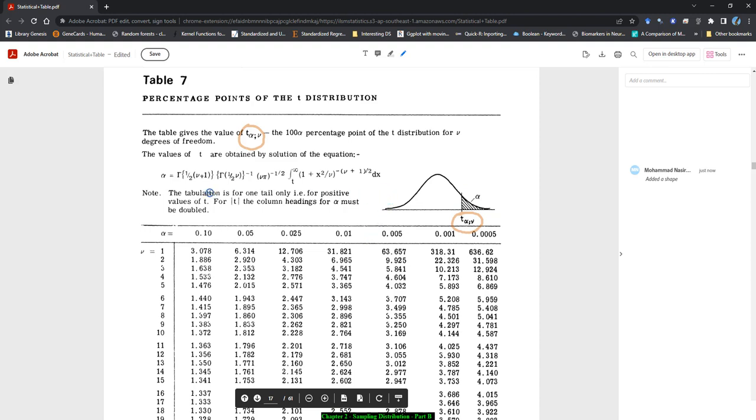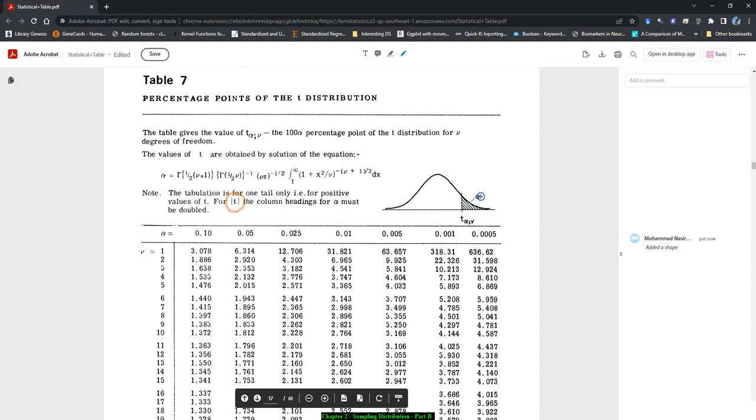The tabulation is for one tail only, on the right hand side, meaning the positive side. So for the absolute t, the column heading for alpha must be doubled. It is the same concept as the standard normal distribution, so the right hand side equals the left hand side.